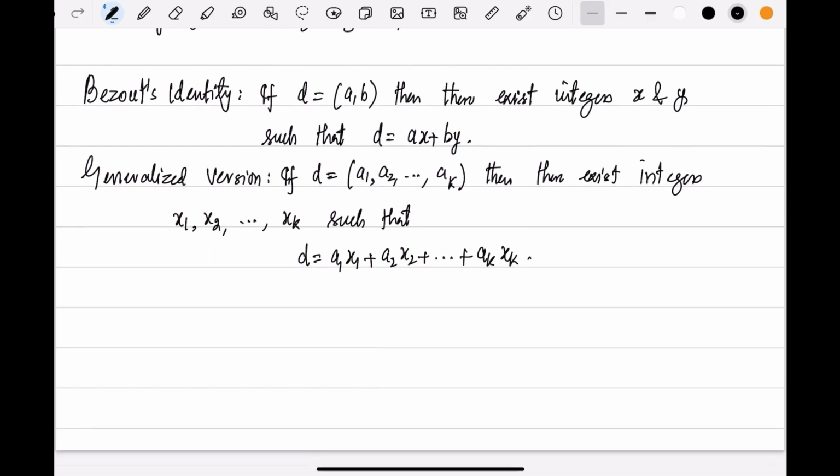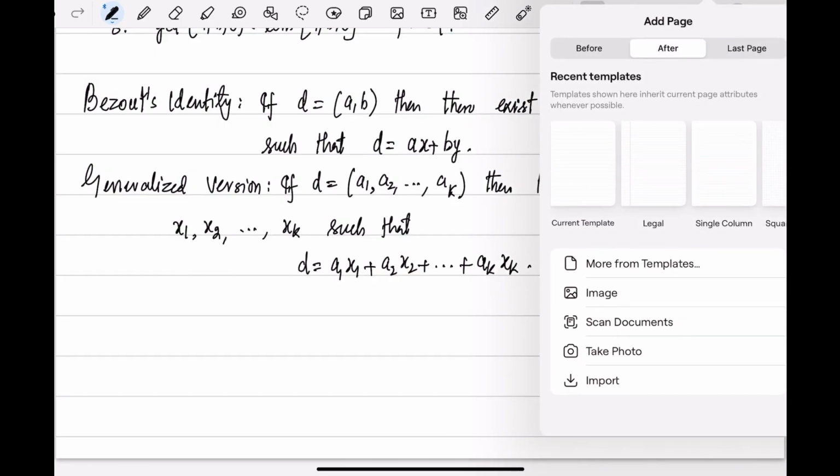So this is the generalized version of Bezout's identity.